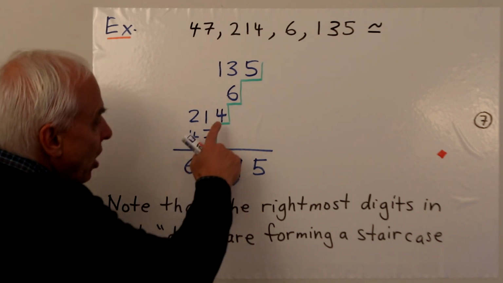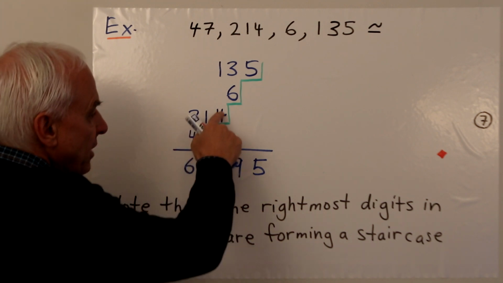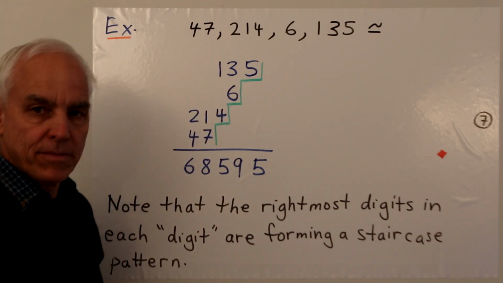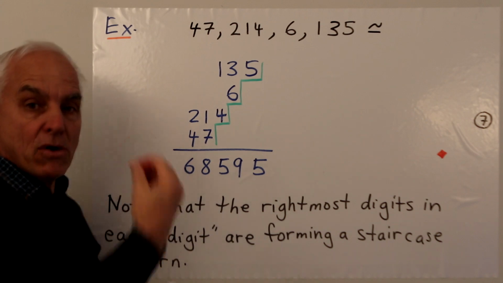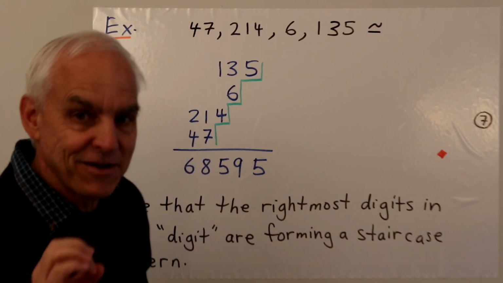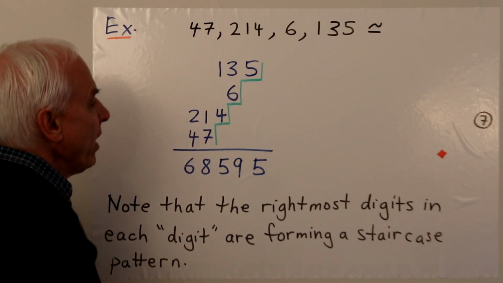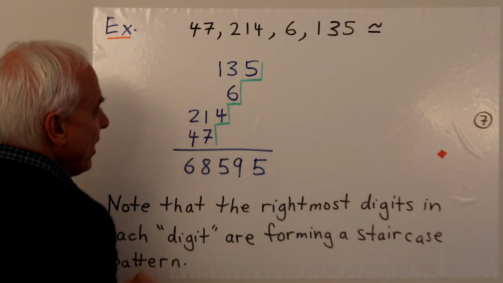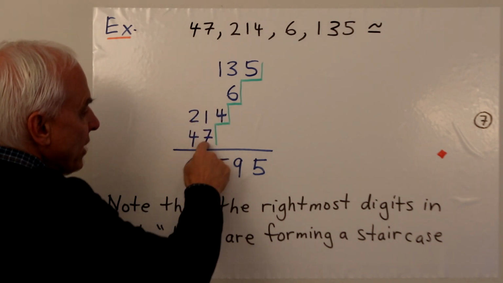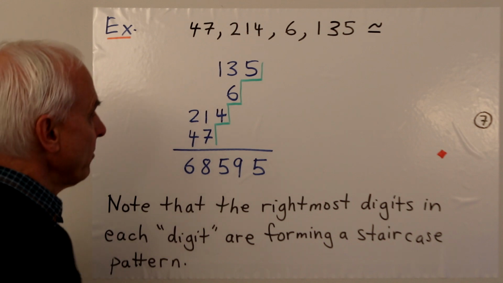So that starts over here in the hundreds column and then proceeds left. 214, that 4 is in the hundreds column. The 1 is actually in the thousands column. The 2 is actually in the 10,000s column. What about 47? Well, again, the staircase just cascading down. Thousands column, that's where we put the 7. So the 4 will also be in the 10,000s column.